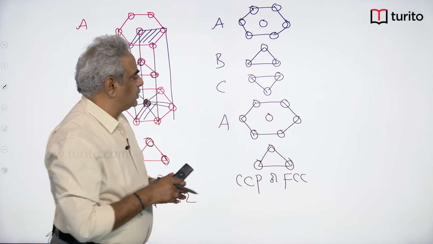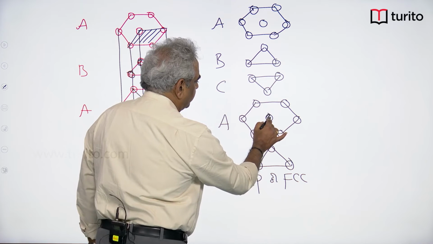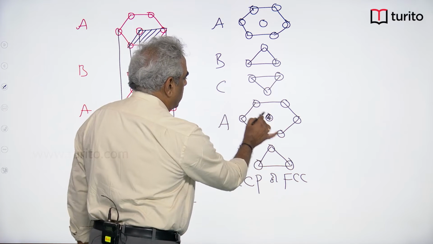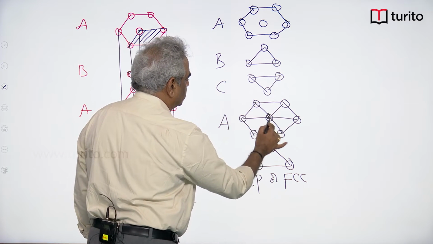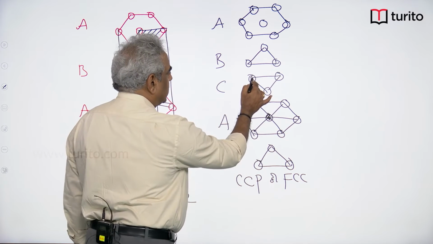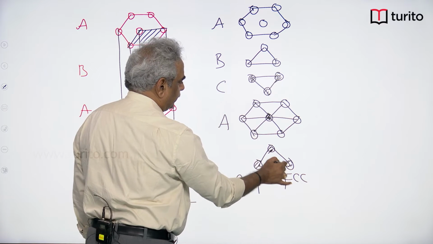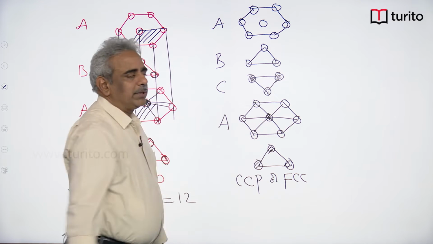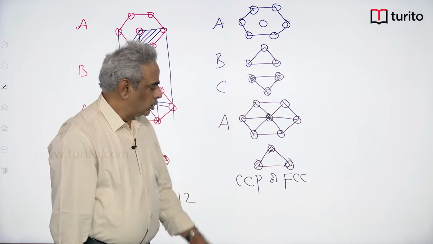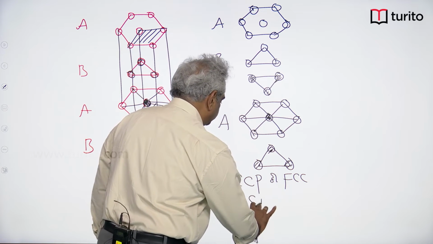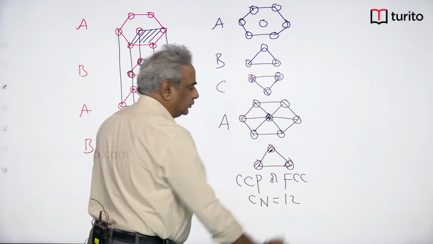Coming to this, if you just select this sphere, it is surrounded by 1, 2, 3, 4, 5, 6 and 3 in the above plane, 3 in the below plane. See, this is in contact with again 12 spheres. So, the coordination number here is also 12.